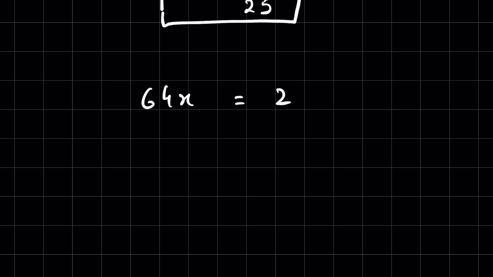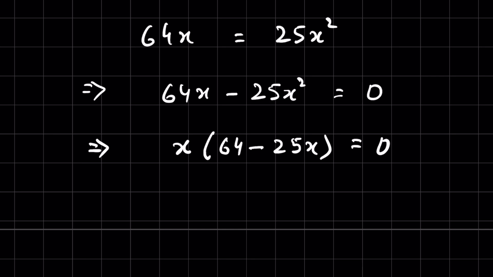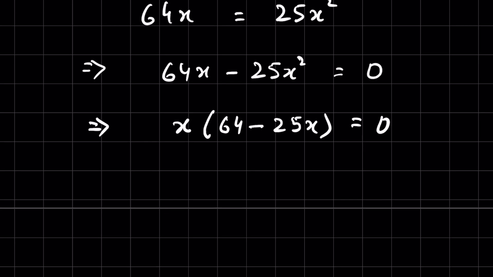Given 64x is equal to 25x squared. Then we can write 64x minus 25x squared is equal to 0. Forming an equation, we can take x as common and write x times 64 minus 25x is equal to 0.